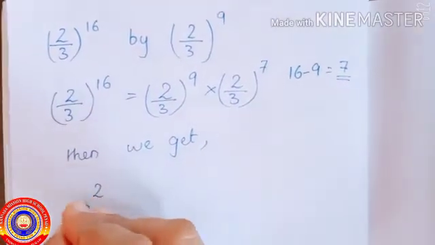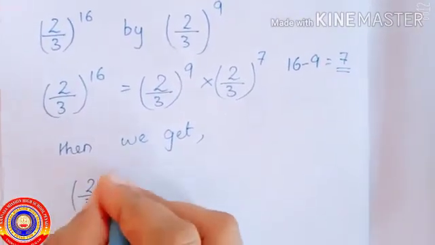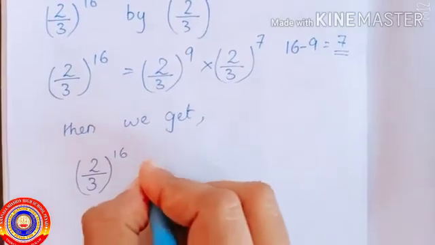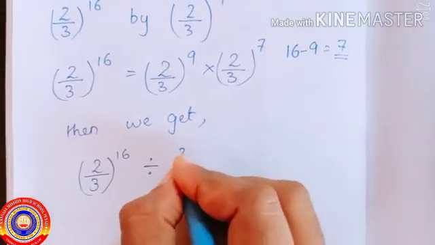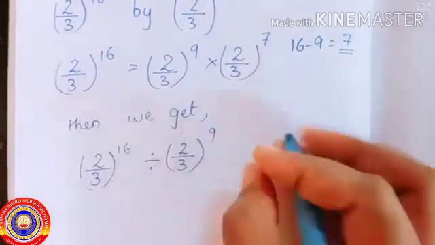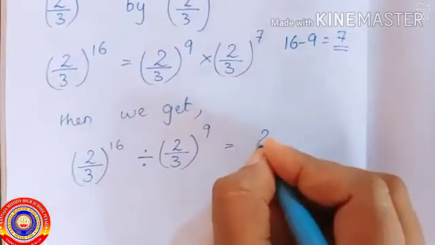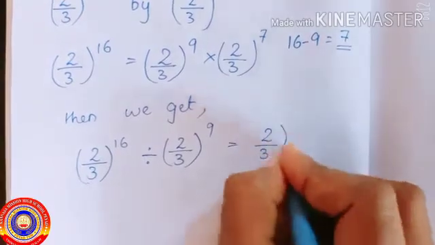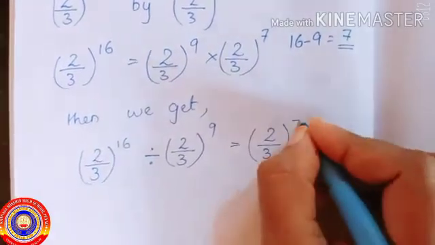Then we get (2/3) raised to 16 divided by (2/3) raised to 9 is equal to (2/3) raised to 7.